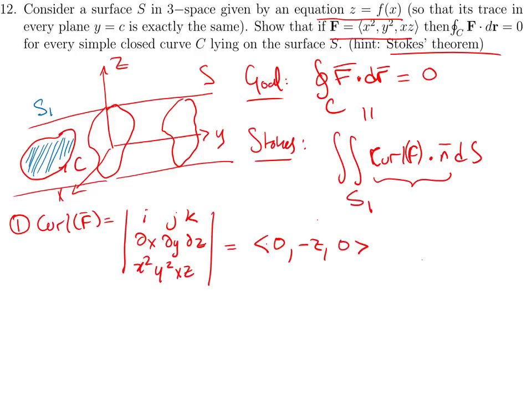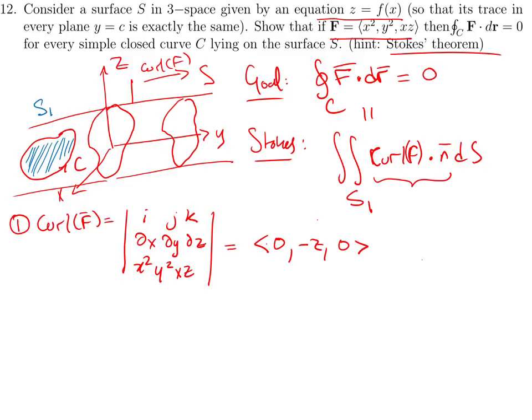So what that says is that at every point in space, the curl is pointing only in the y direction. The x and z components are 0. So the curl of f always looks like this. That should already give you a hint. That looks like it's orthogonal to the normal vector of this surface, right?